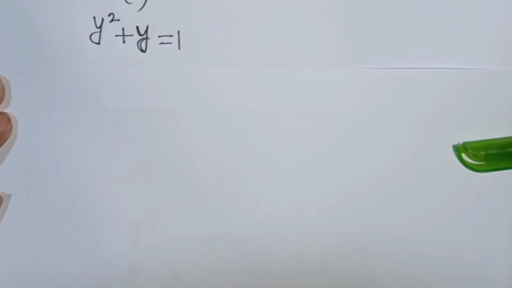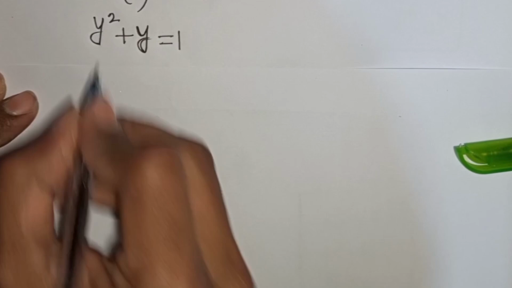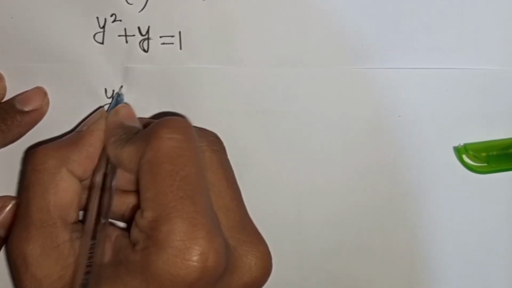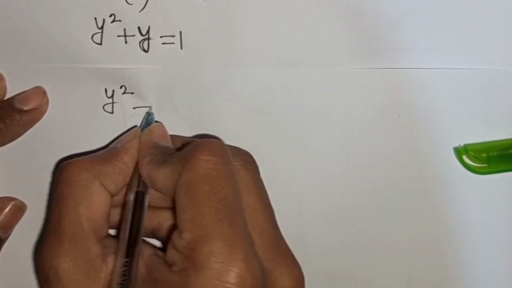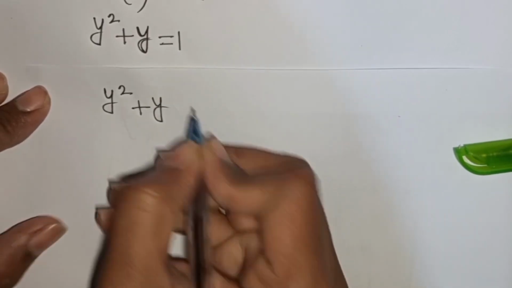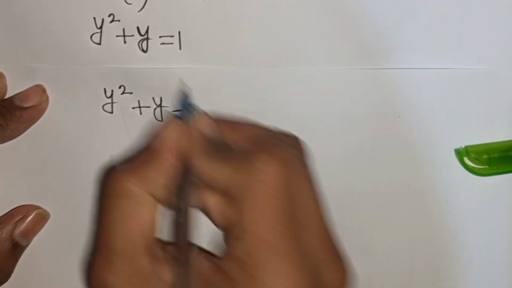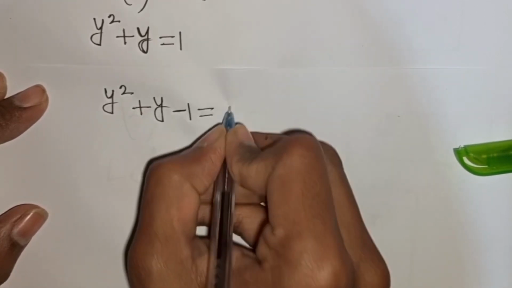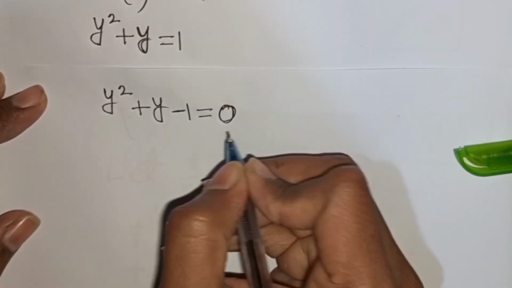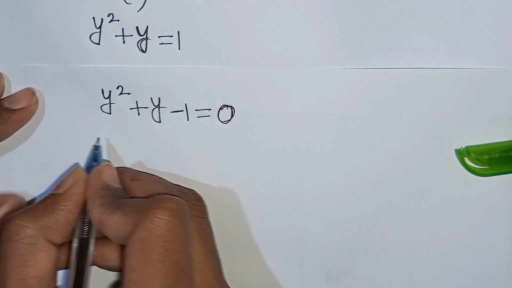Now we can write here y square plus y, then this plus 1 taken to the left side, so this will be minus 1, then is equal to 0. Now here you can apply the quadratic formula.